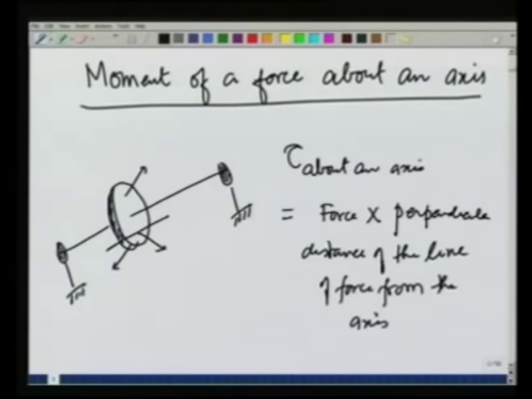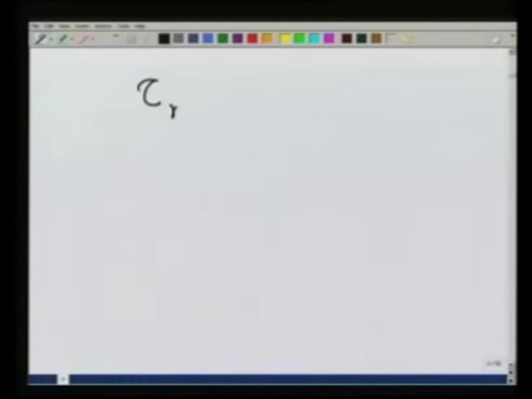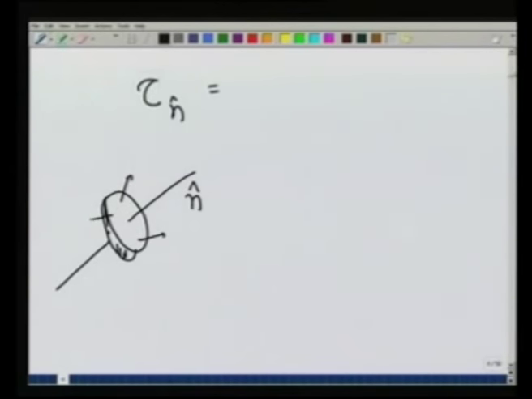Now, we will get more sophisticated now that we have mastered the vector algebra and so on, and define the torque about an axis in a slightly different manner, which I will show through an example is equivalent to what you have been learning. So, let us say there is a disc which is rotating about a fixed axis which is in the direction of unit vector n, and there are various forces working on it.